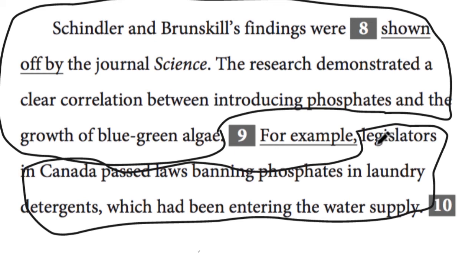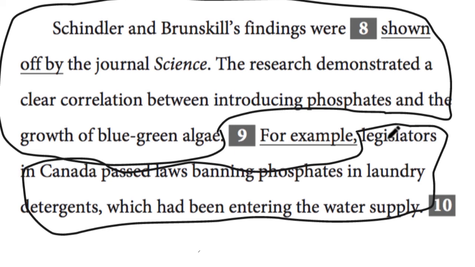The idea after the underlined phrase is that legislators passed laws banning phosphates. Well, what's the relationship between these two ideas? One logical relationship is that after the research showed that introducing phosphates and the growth of algae are related, legislators chose to ban phosphates. That makes logical sense.